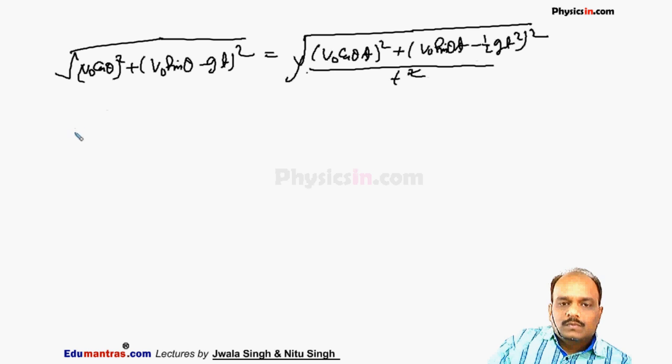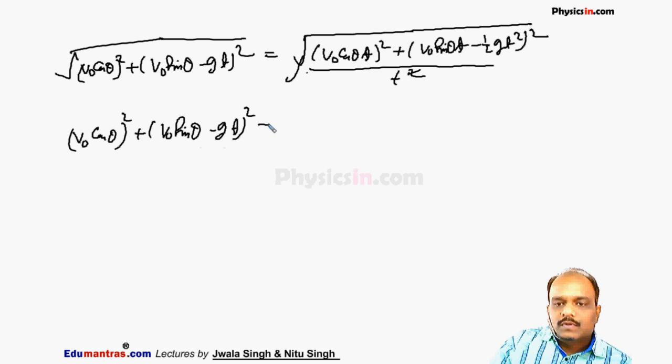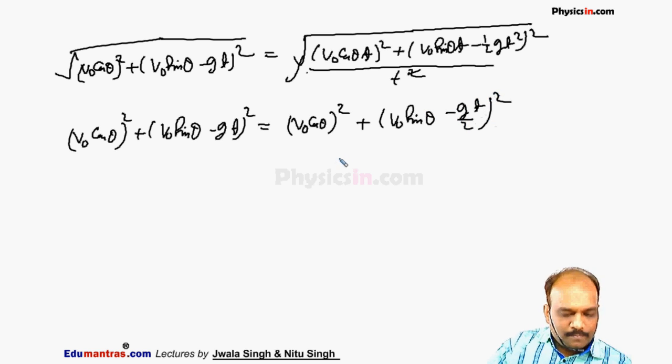We get (v naught cos theta) whole square plus (v naught sin theta minus gt) whole square is equal to (v naught cos theta) whole square plus (v naught sin theta minus gt by 2) whole square. So from here, this term will vanish.